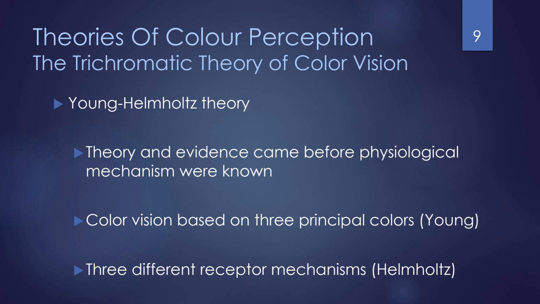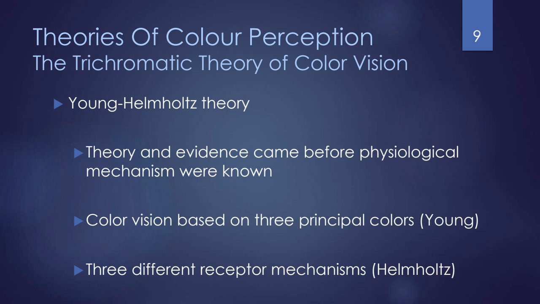So he conducted experiments to demonstrate that people do in fact need 3 wavelengths of light to create different colors. In honor of each of the contributions made by Young and Helmholtz to this trichromatic theory, it is sometimes just referred to as the Young-Helmholtz theory.